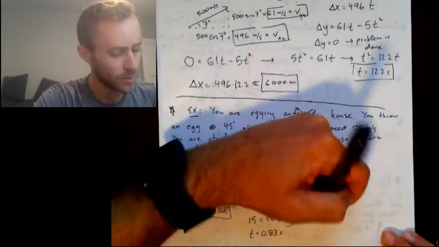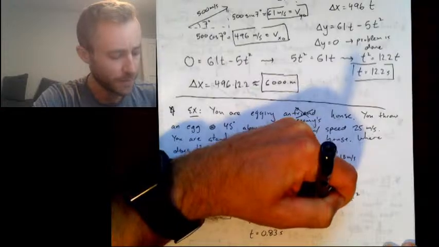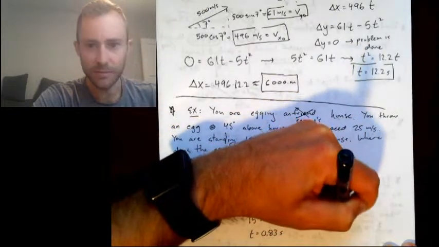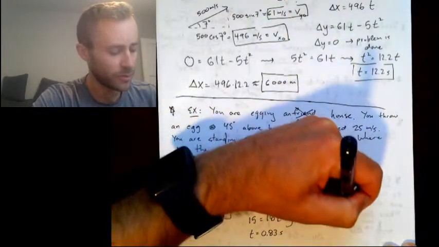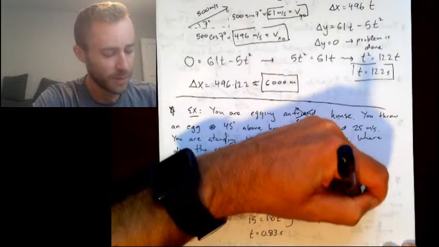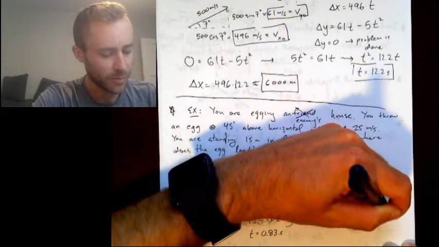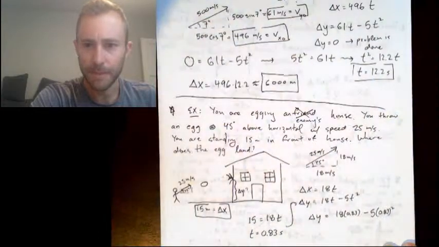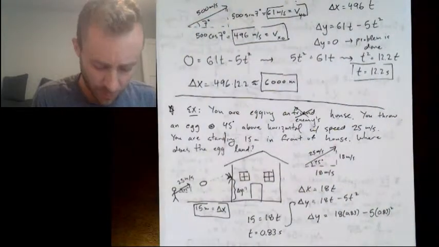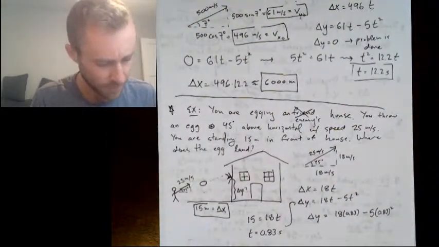Okay? So delta y is going to be 18 times 0.83 minus 5 times 0.83 squared. Okay, I'll crunch the numbers on that quickly.